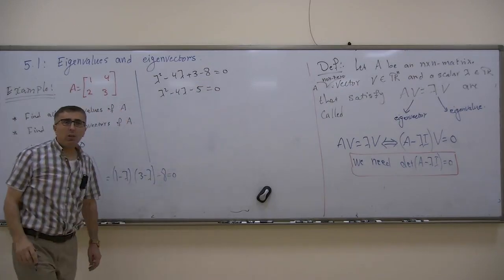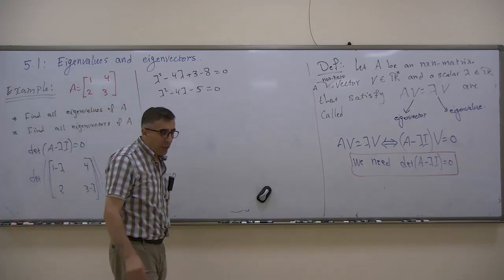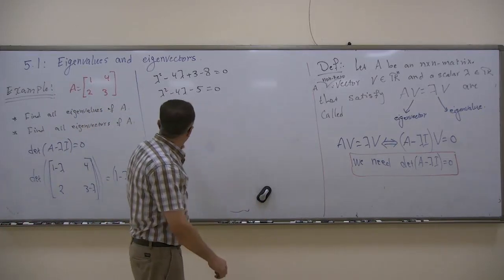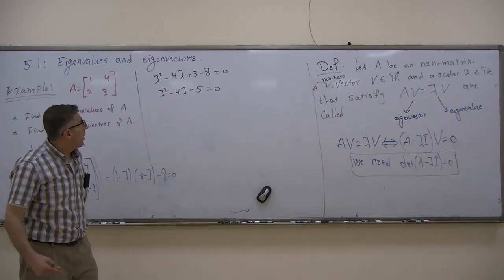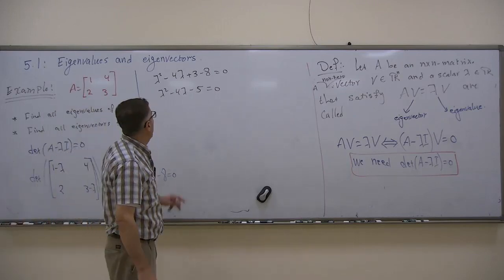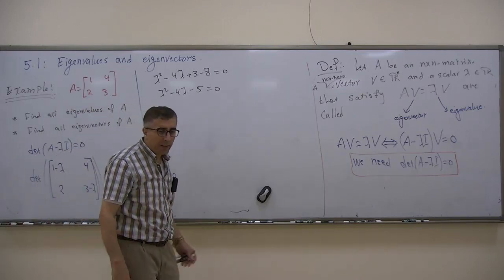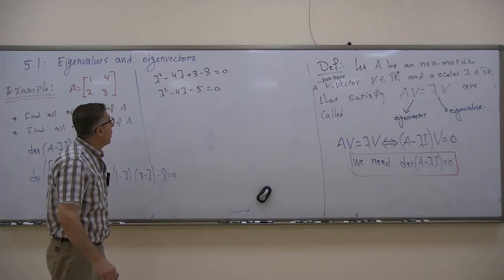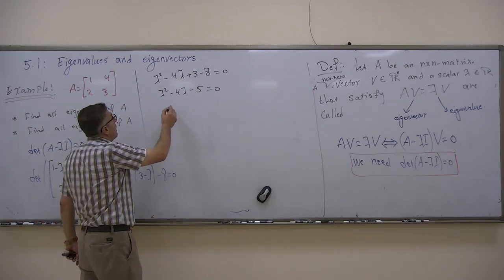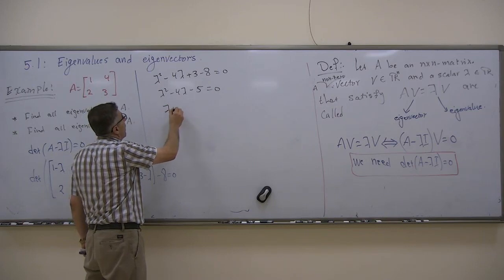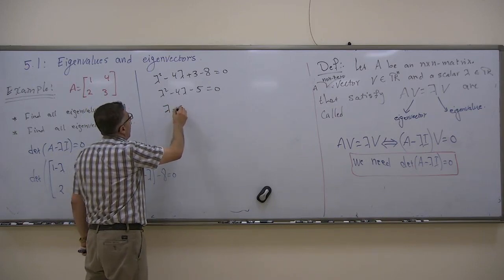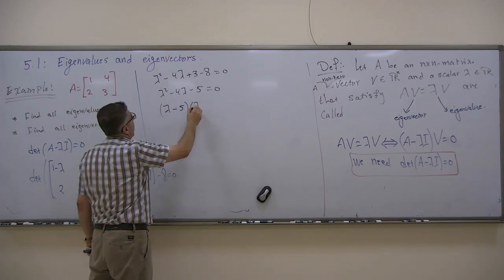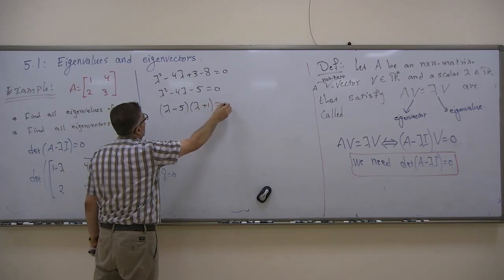So what you have here is a quadratic equation, and you need to find the solutions of this quadratic equation. Well, you can solve it in any way you want. You can factor it if you can, or you can use the quadratic formula if it is not easy to see the factors. Well, it seems this one is easy, so (lambda minus 5)(lambda plus 1) is 0. Is that correct?